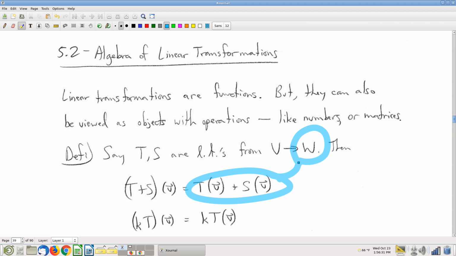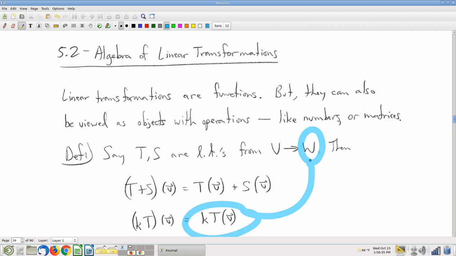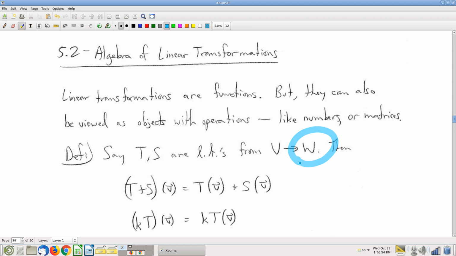Likewise, the fact that we have scalar vector multiplication in W gives us a scalar linear transformation structure on linear transformations. Okay. All right. Here's what we can't do with this idea. Inside of W, don't forget, W is a vector space.